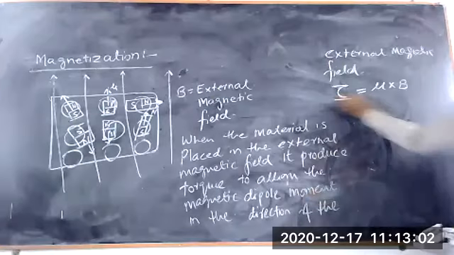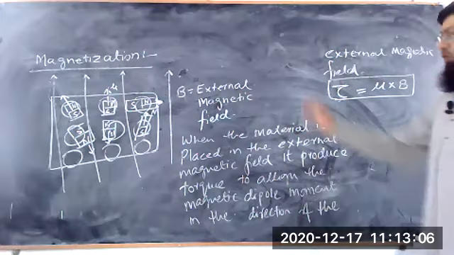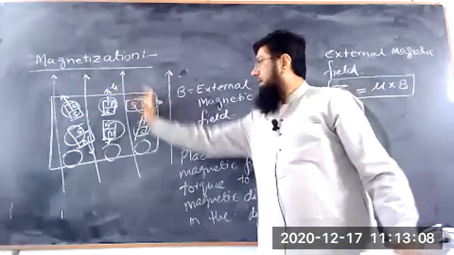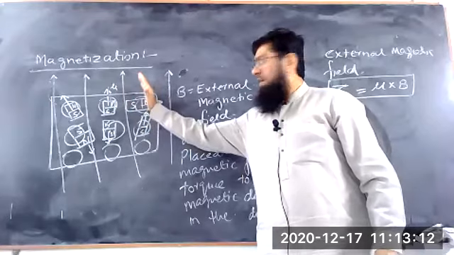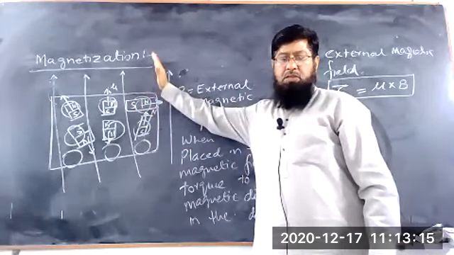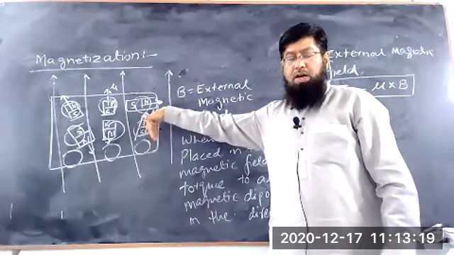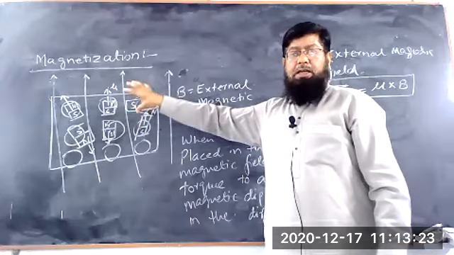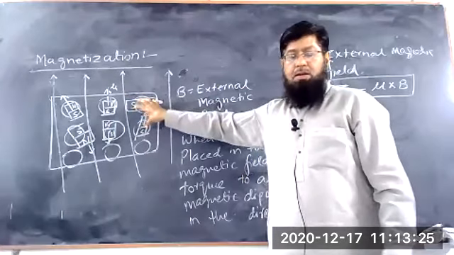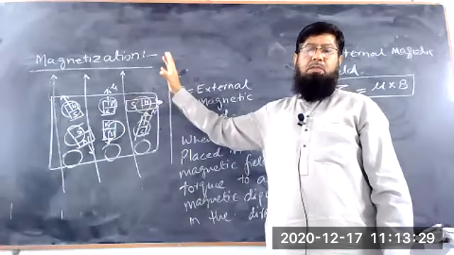Due to this torque, which is called the turning effect of the force, these magnetic dipole moments will turn along the direction of the magnetic field or opposite to the direction of the magnetic field. So now we say that this material is magnetized. Because of the external magnetic field, this material is now magnetized.